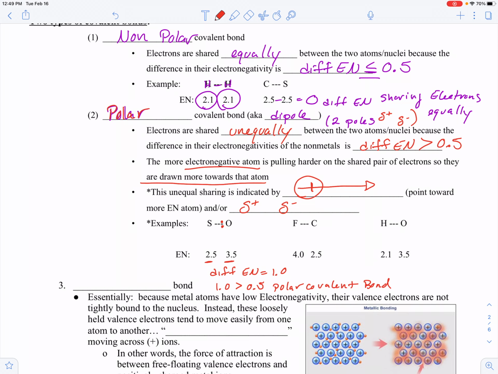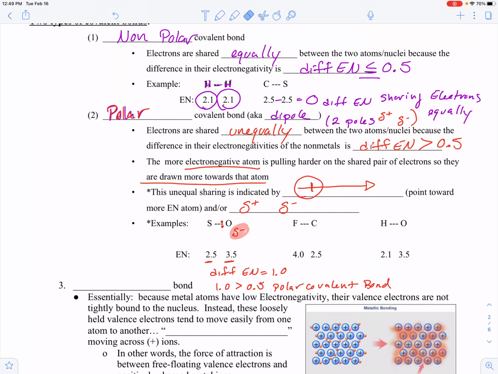Because they're closer to oxygen, oxygen is going to end up with a partial negative charge, because oxygen is pulling negatively charged particles closer to itself. And sulfur is going to end up with a partial positive charge because the electrons have moved further away from it. Again, that partial negative and partial positive is a way to show that dipole, or the two poles that you've created. So here's my partial negative pole and here's my partial positive pole.